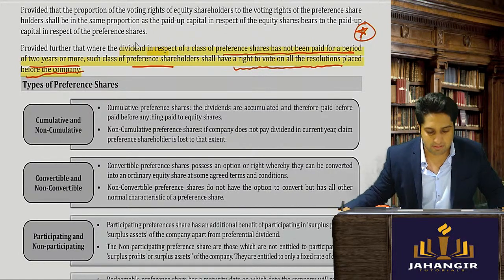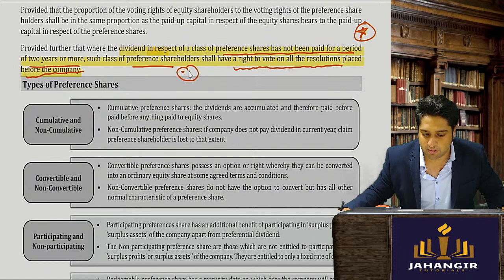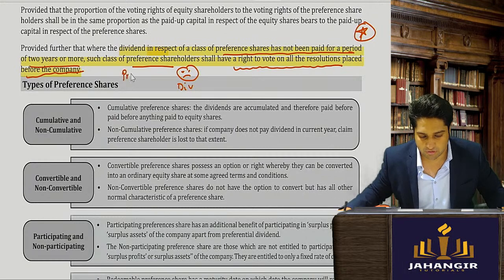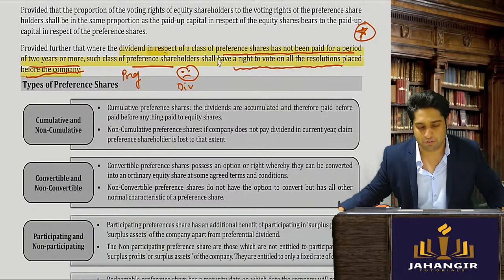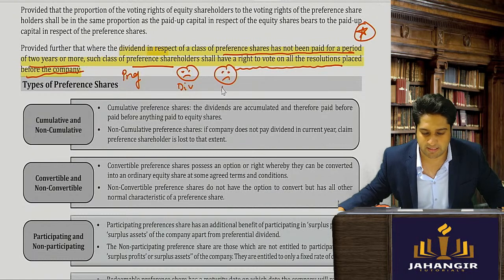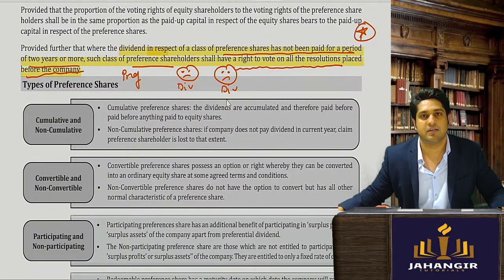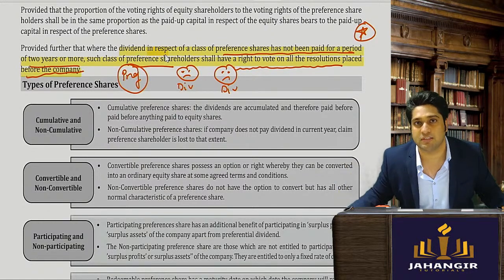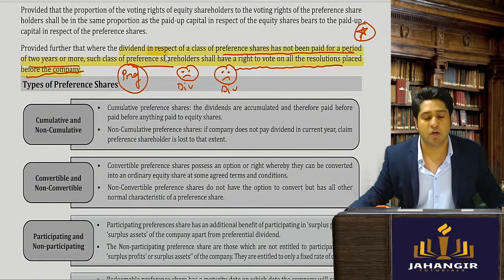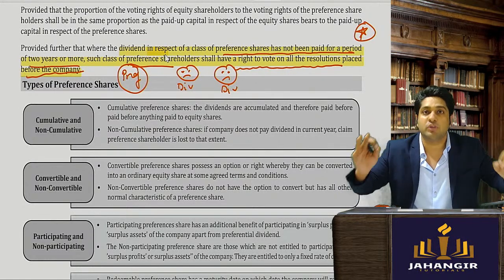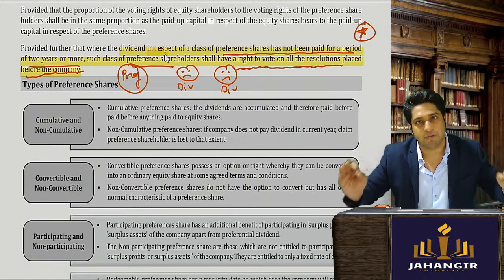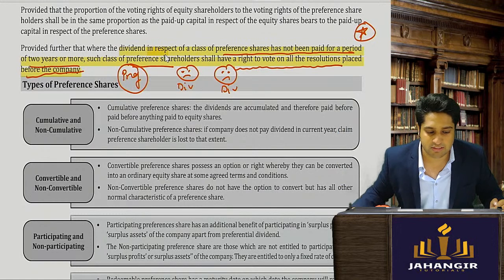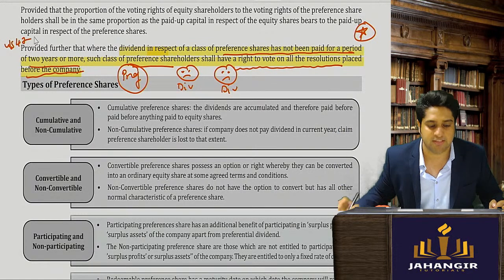So for example, if preference shareholders were not paid dividend for 1 year, they will be extremely sad, yes or no? Again for the next year also, sorry, we couldn't pay dividend to you, there are no profits. They are not equity shareholders, but they are shareholders. So then they will say no, for 2 years or more, if dividend is not paid, the preference shareholders will come to the meeting and say what is happening. So this right is given under section 47.